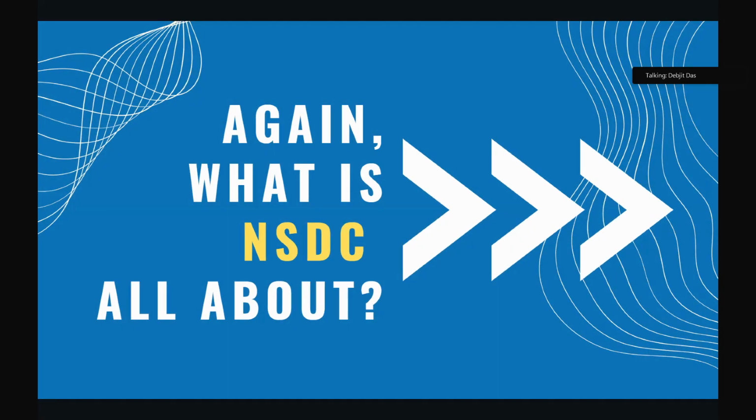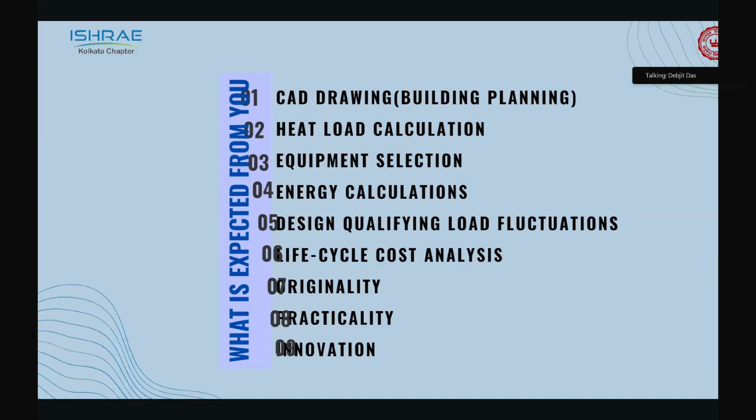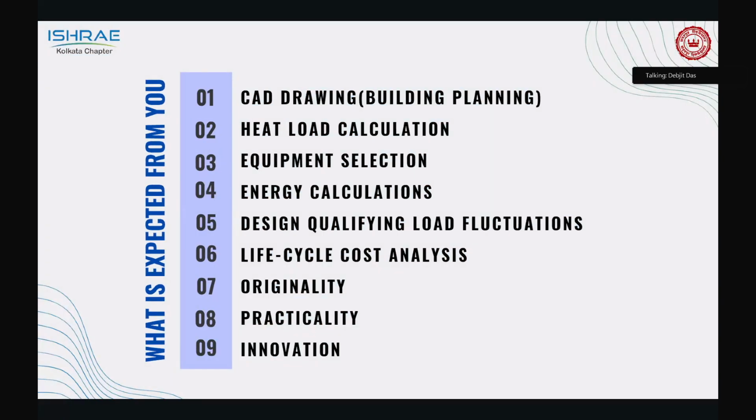So again, what is NSDC all about? Basically, back in our time, or in general, NSDC has these 9 headers that you need to tackle. First is the CAD drawing. There is the heat load calculation. Then you have to select the equipment through which you would be maintaining your certain air conditioning levels.